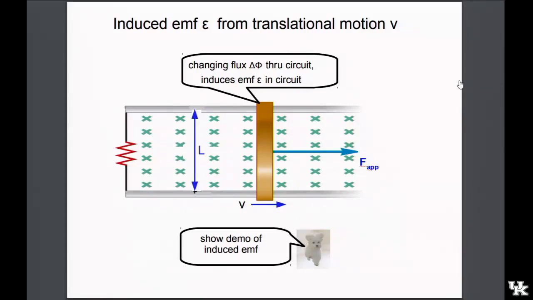So in this setup here, I've got upstairs a metal rail, and downstairs a metal rail. And I'm pushing this metal rod along the metal rail from the left to the right.